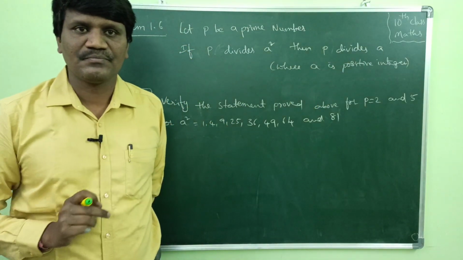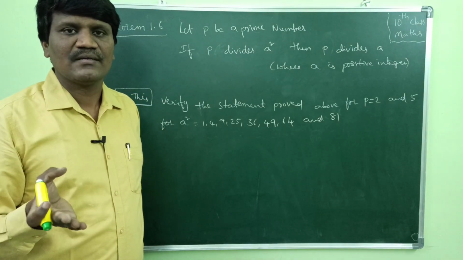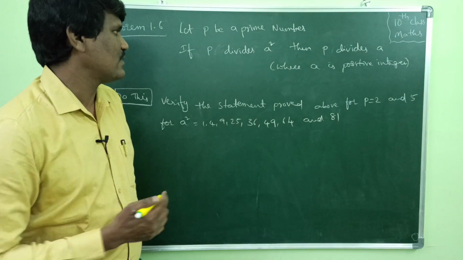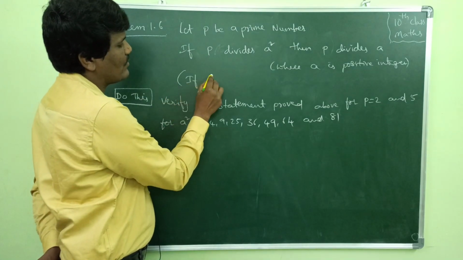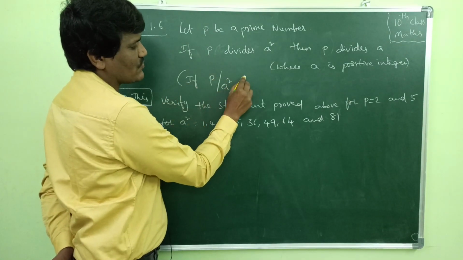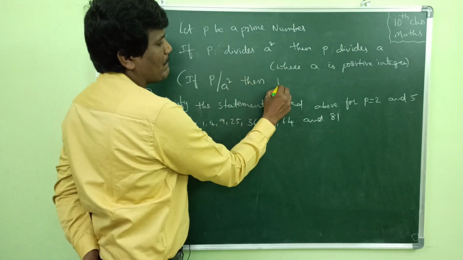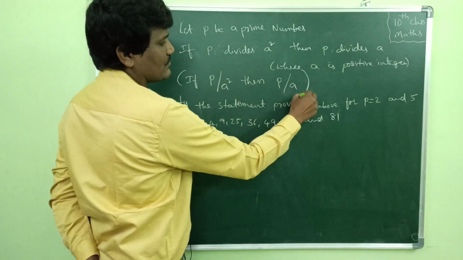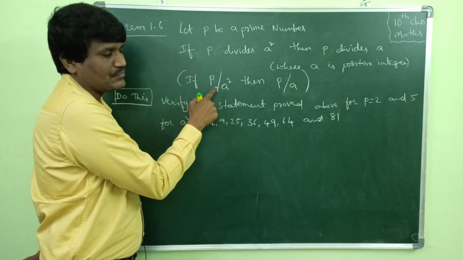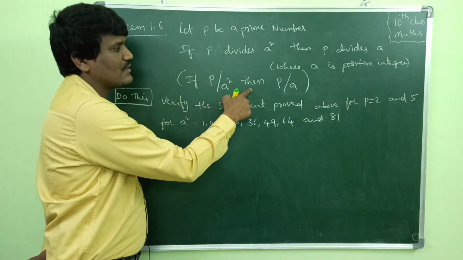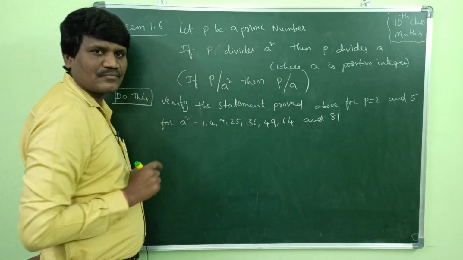This is the theorem. You can even write it symbolically: if p divides a square, then p also divides a.